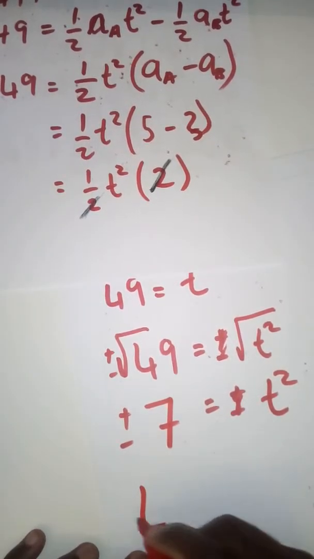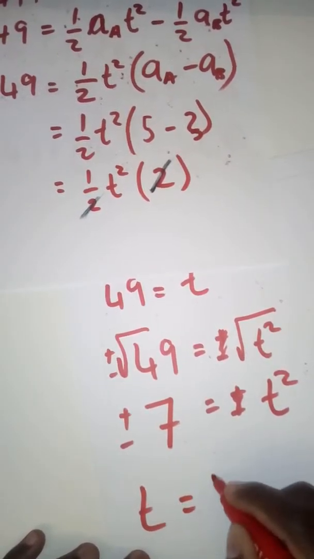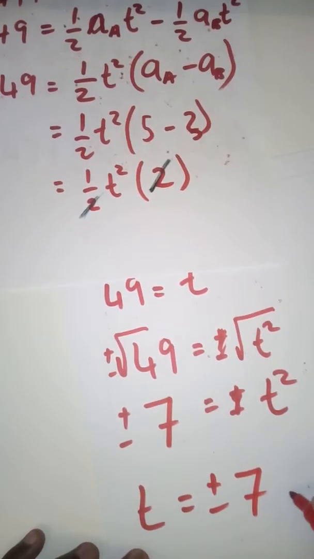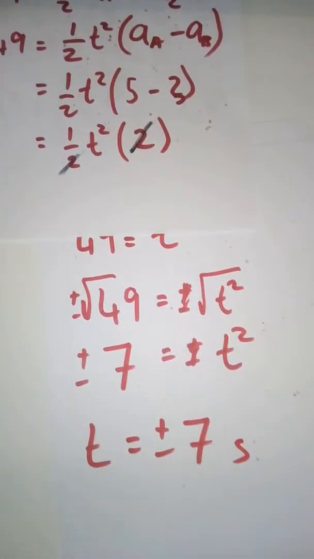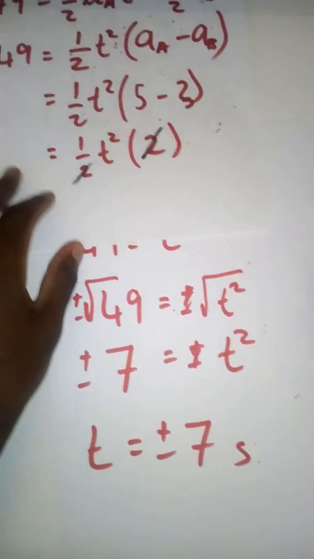So our time is equal to 7 seconds, taking the positive value. Then we got the time that we were looking for. So that's how we solve this problem.